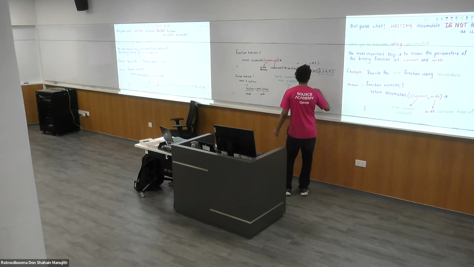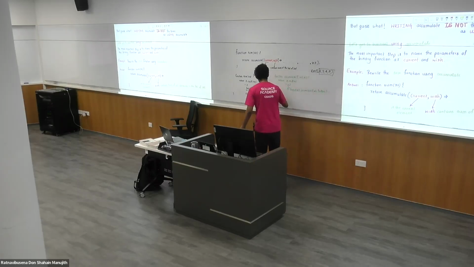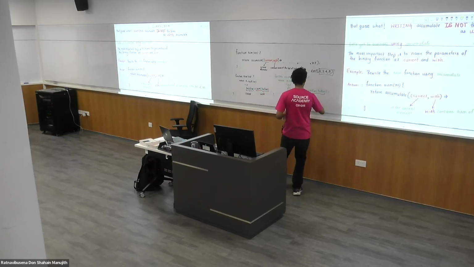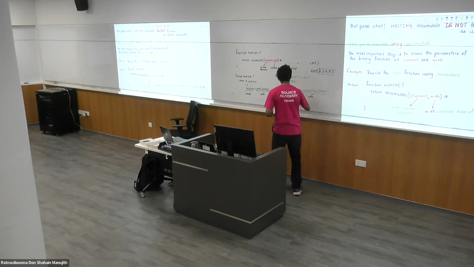Yeah, so this is f, init. The main thing is the tail of xs. Right. So this one was the wish. This is the current.